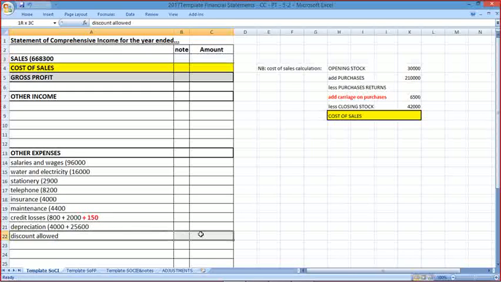I prefer to show it separately, because at least then they can see it, and it's 10% of the 1,600, which was the 160. We don't actually have to put a working there. We can just show the total, 160.